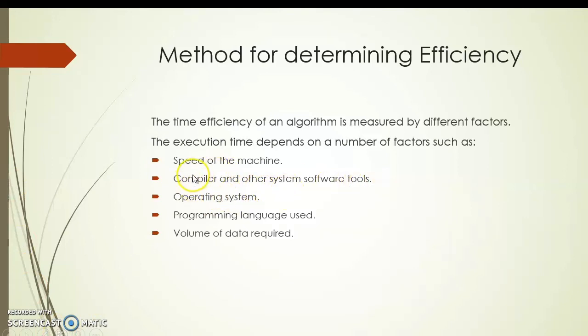What type of compiler is used, and how does it translate source code to object code? So it depends on the system software tools used on that particular computer, and what operating system is used on that computer.